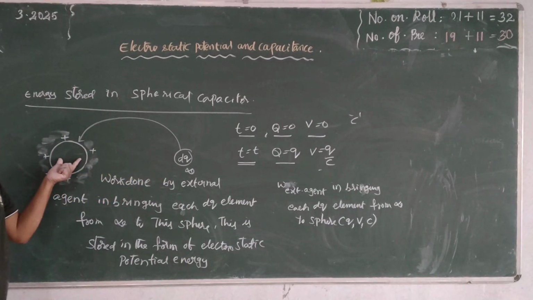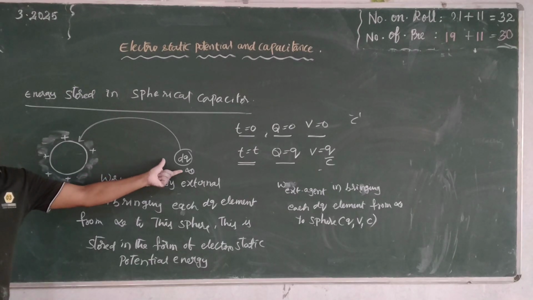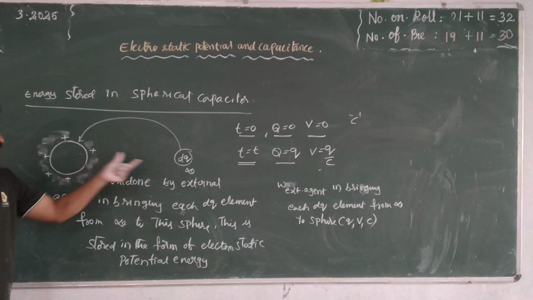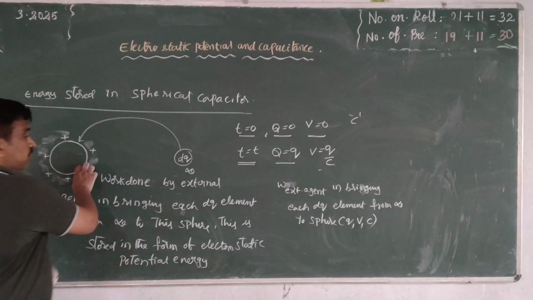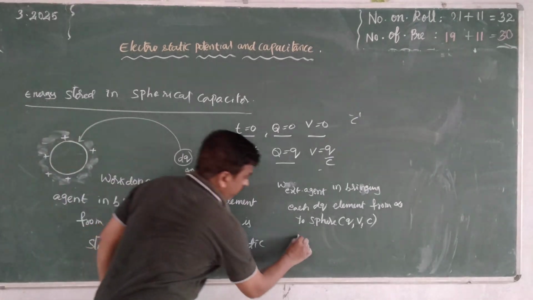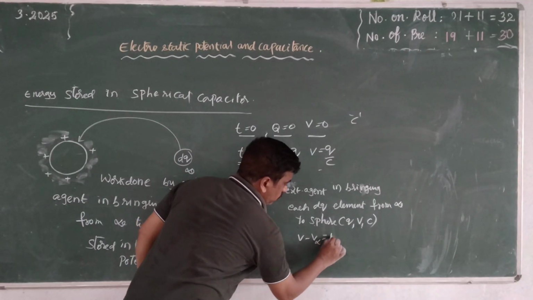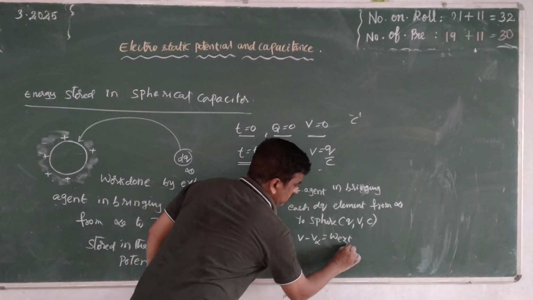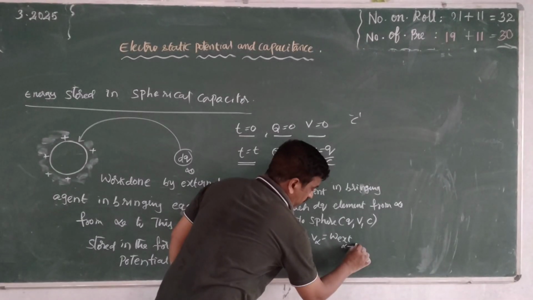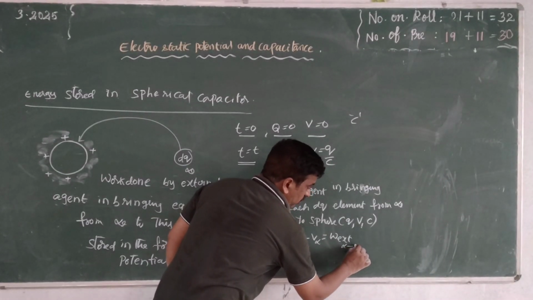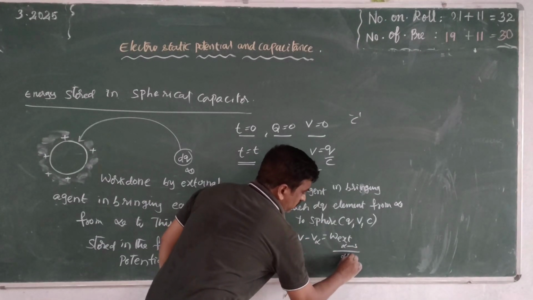So we can say it is the potential difference. Here is the initial potential and here is the final potential, so final minus initial. The sphere has potential V, minus V at infinity, equals the work done by the external agent in bringing dq element from infinity to the sphere, per unit charge dq.